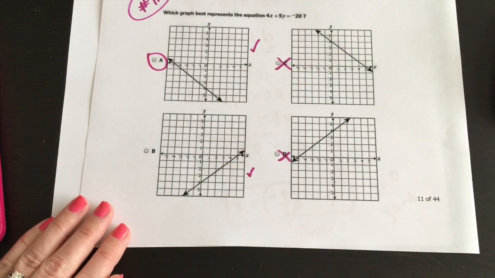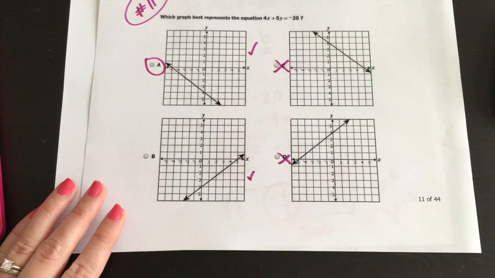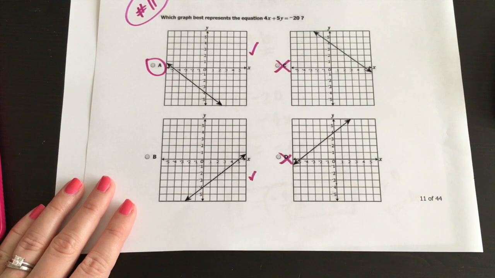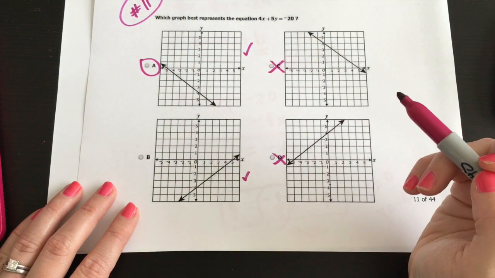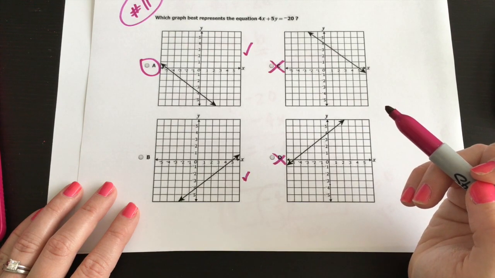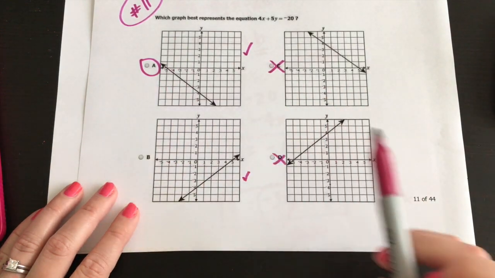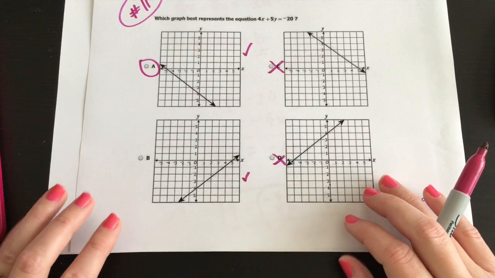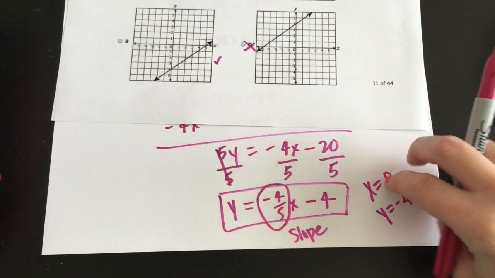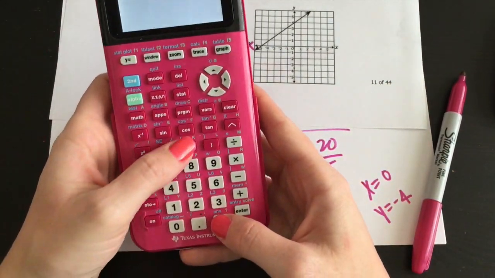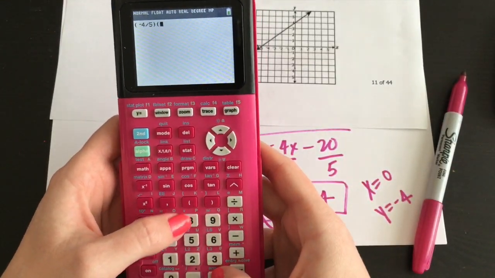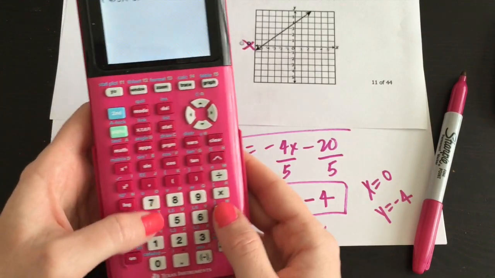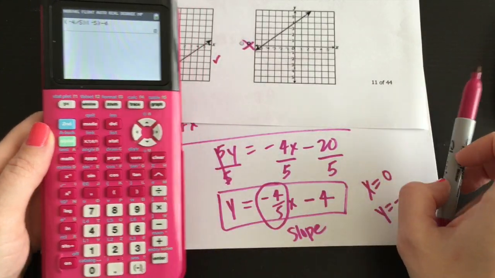Now, because it's the SOL test and because it's such an important test, I would just plug in a few points just to make sure it worked. Maybe try 5 and 0, negative 5 and 0. So if we plug in, we have negative 4 over 5 times negative 5 minus 4, and we get 0.